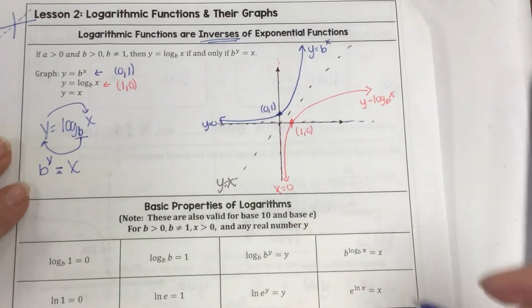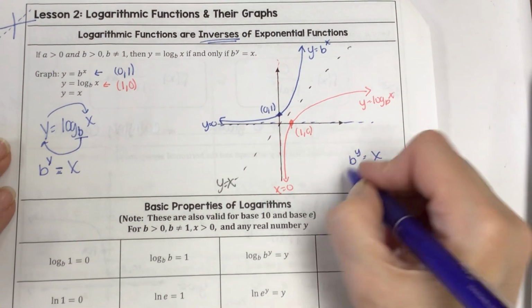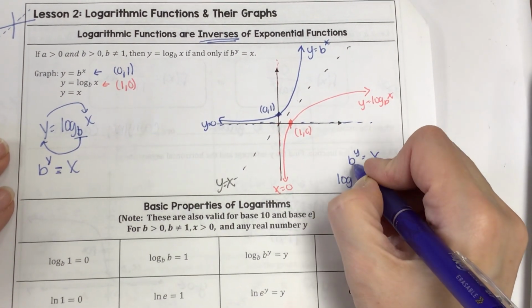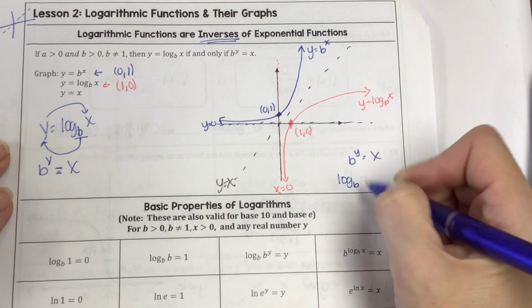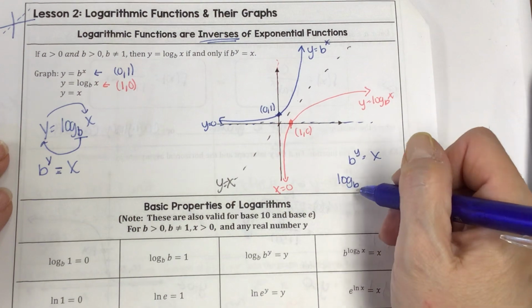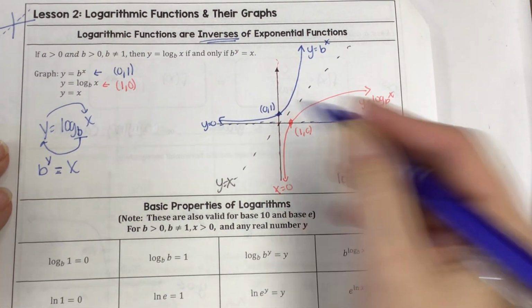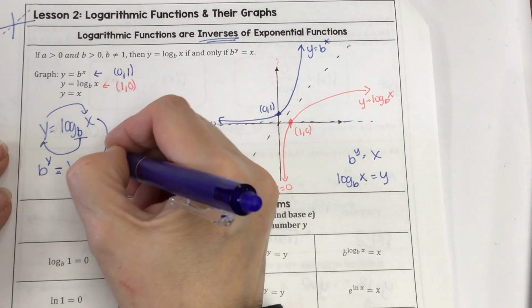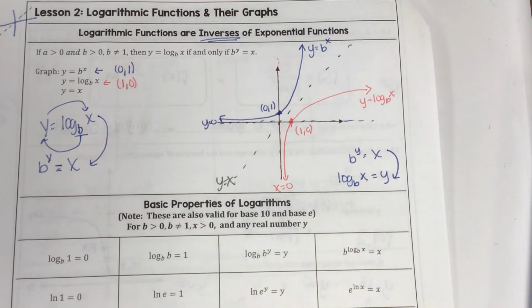And in the same sense, we can go from exponential form to logarithmic form by saying we know the base is the base always, right? So log base, exponential base, it's always going to be a base of x equals y. So being able to go from this to this and from this to this is super important. Questions?